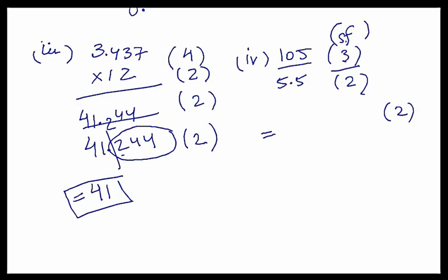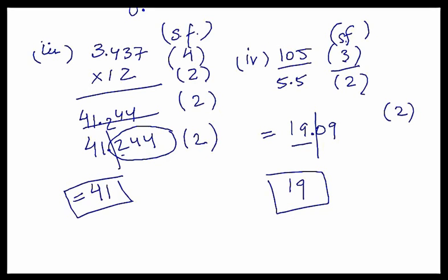It should be kept in mind. Now if you divide 105 by 5.5, you will get 19.09 as a normal answer. But you need to maintain only 2 significant figures. That means this portion has to be rounded off. This is the cutoff digit and this is to be rounded off. So what you will get here is 19 as the answer.